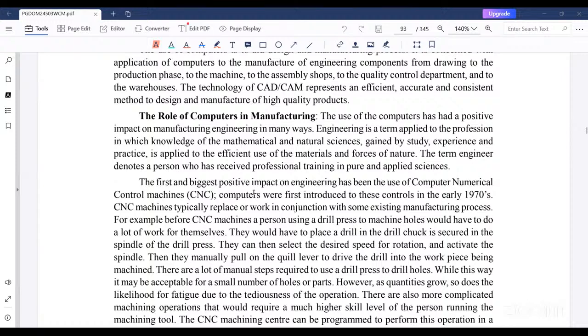Why are we using engineering? Because here we apply the profession in which knowledge of mathematical and natural sciences, gained by study, experience or practice, is used for the efficient use of materials and forces of nature.